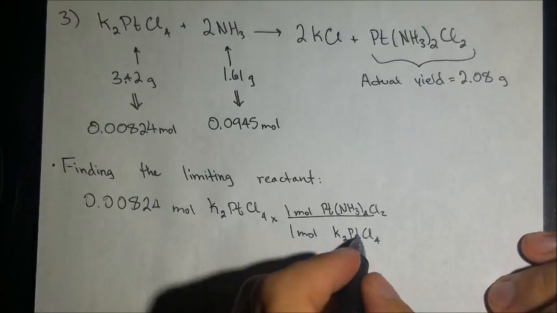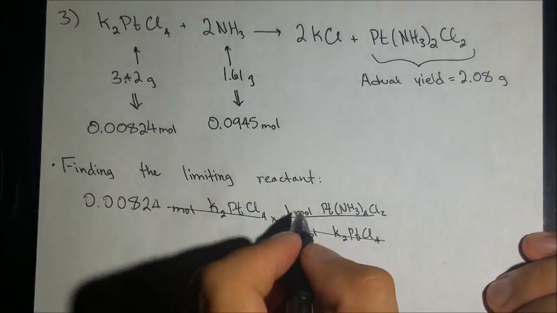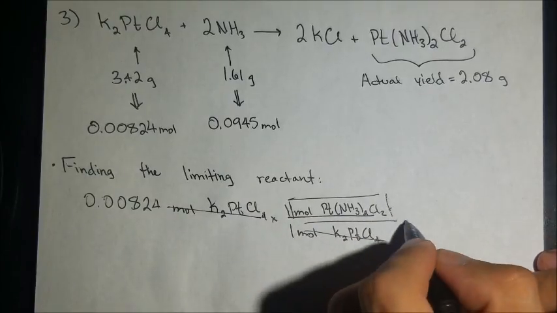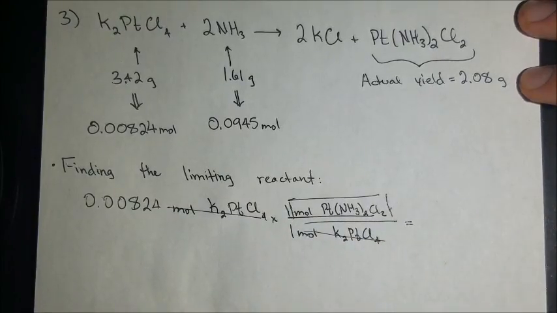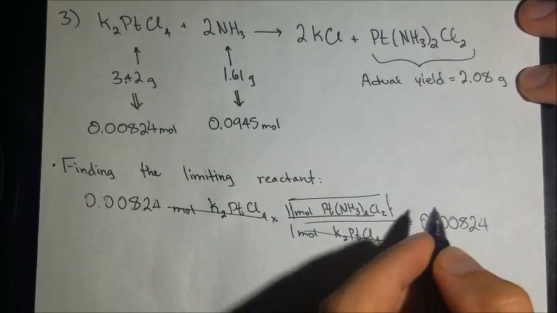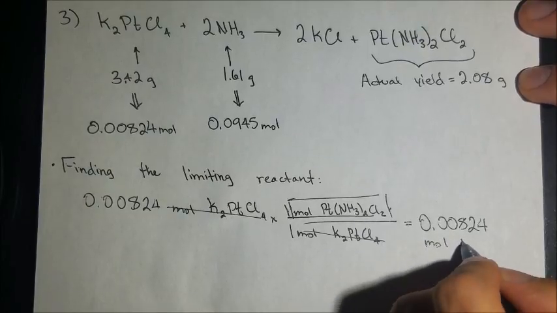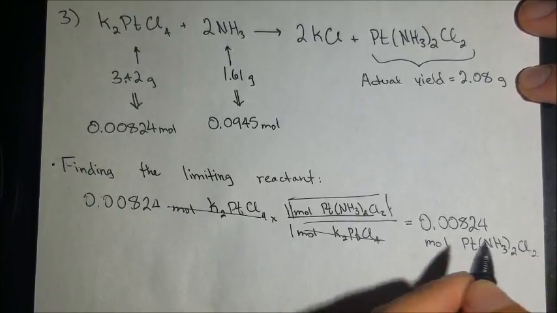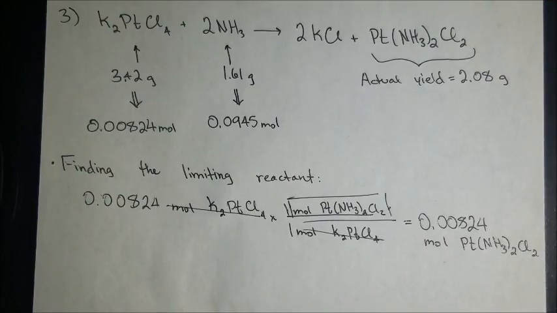Alright, and my moles here cancel, and I'm left now with moles of the product. And oh, this is great. I love this kind of mental math. There we go. So we make 0.00824 moles of our product.